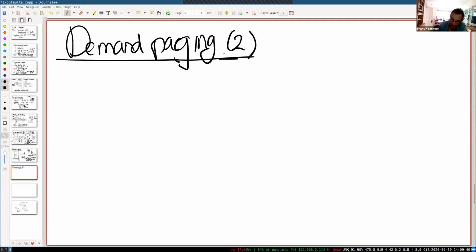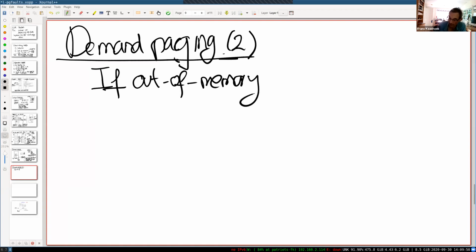And so the typical thing, if you go down this demand paging route, is that if you run out of memory, so if kalloc returns 0, for example, you get a page fault at some page that needs to be paged in from the file system, but you don't have any more free pages, you need to do something. This comes back to an earlier question, and the same is true for lazy allocation: what to do if you run out of memory. One option you clearly have is to evict a page.